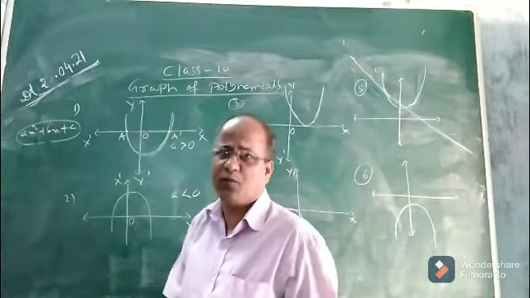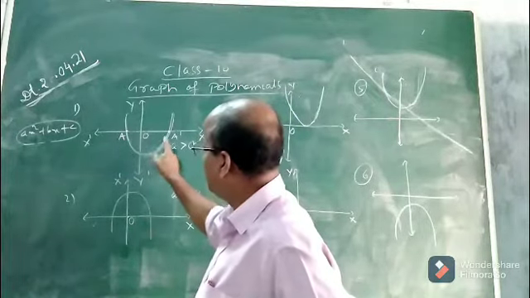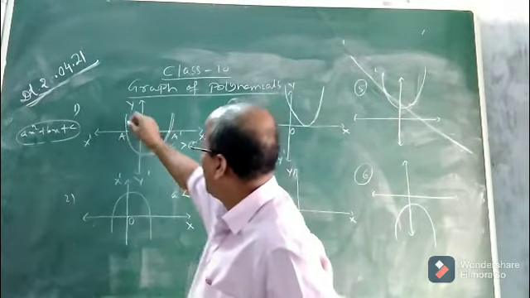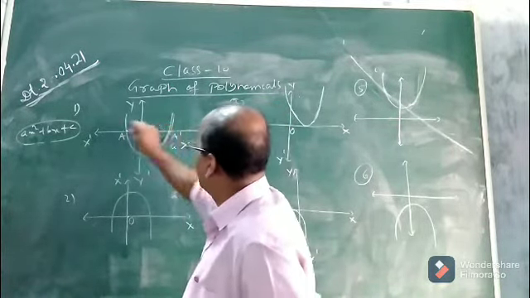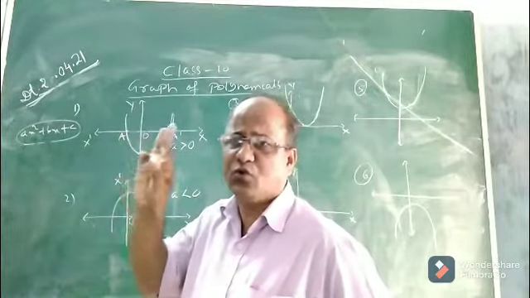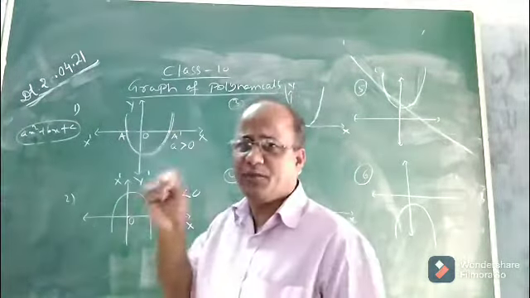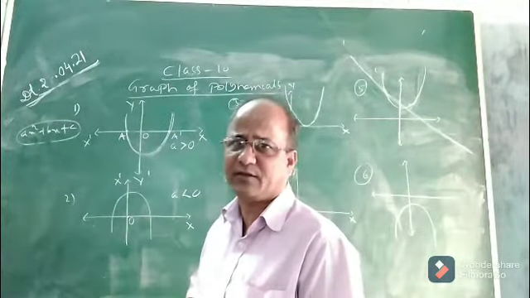So what I mean to say, children, in this case what will happen? As the polynomial has 2 distinct, I mean 2 different zeros, the polynomial can be factorized into 2 linear factors. Whatever quadratic polynomial is given, if you factorize, you will get 2 linear factors, okay?